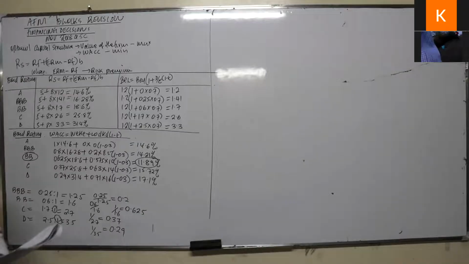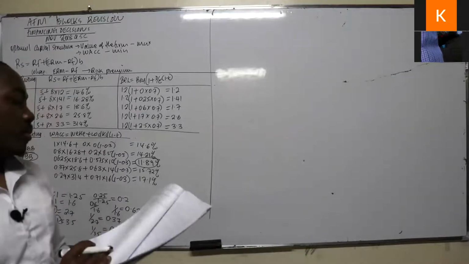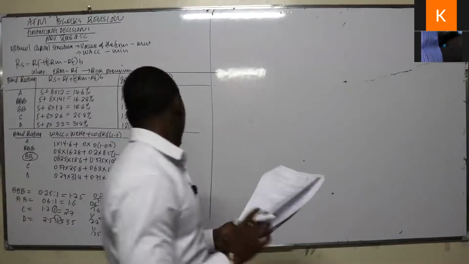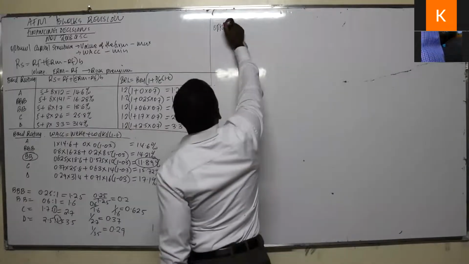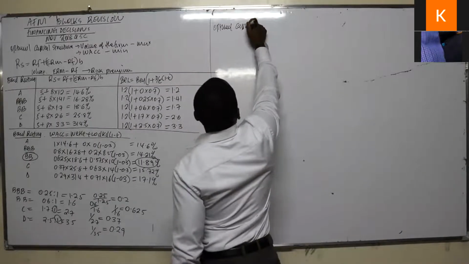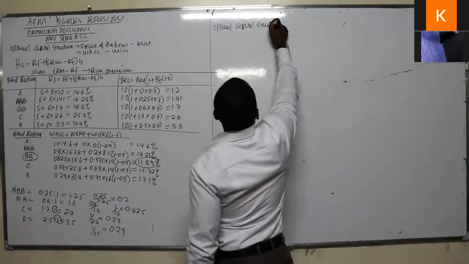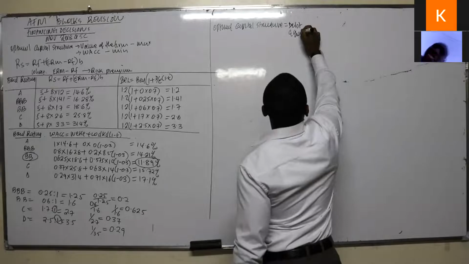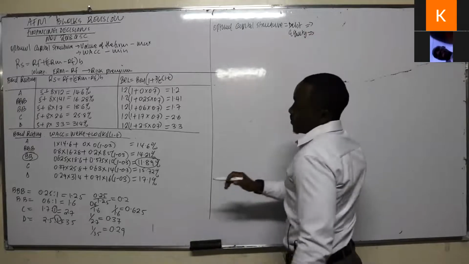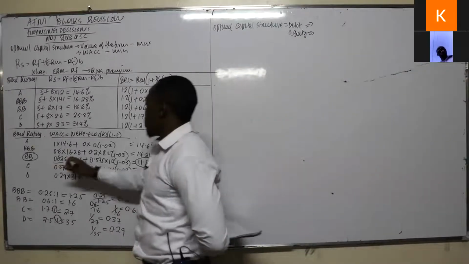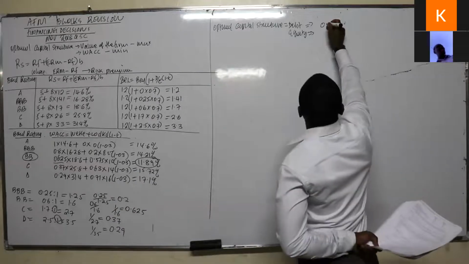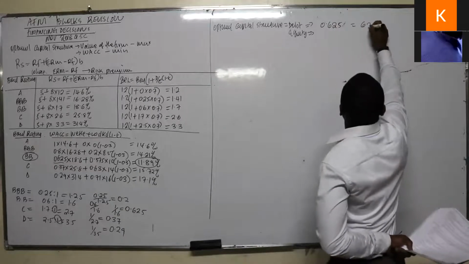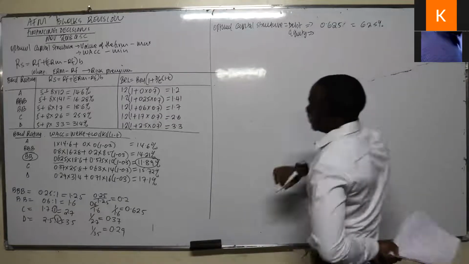So now the question was the optimal capital structure. The optimal capital structure is where the debt and the equity are at BB. So that means the equity is 0.625, which represents 62.5% of the total capital.